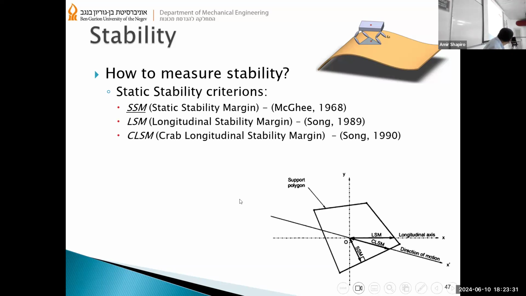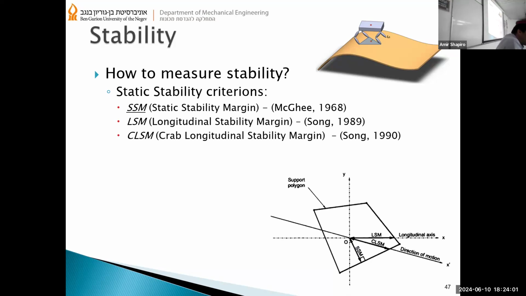Then there are different criteria for stability. One is the static stability margin. It means how far the center of mass is from the support polygon. What is the closest point on the support polygon to the location of the center of mass? Your desired value for the center of mass will be in the center of the area.